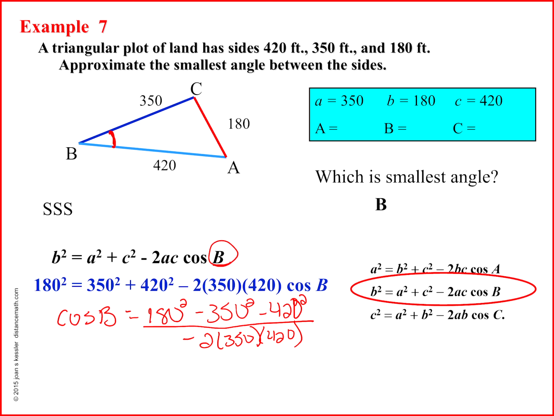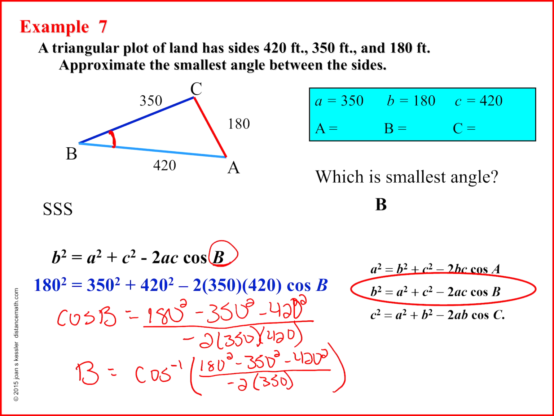You want to keep as many decimal points as possible if you approximate it, or just remember you need the inverse of what all of that is. So you would need the inverse of 180 squared minus 350 squared minus 420 squared divided by -2 times 350 times 420. You just don't want to do a bunch of rounding.